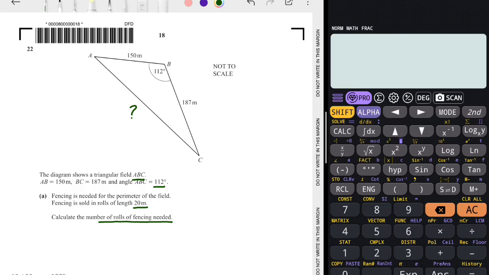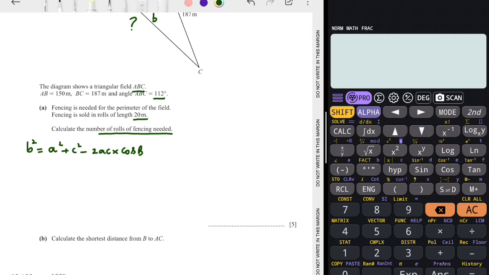So to find out AC we have to use the cosine law. So let us label it. So let us suppose this is B and the formula would be B square is equal to, this is C and this is A, A square plus C square minus 2AC multiplied by cos B. So let us substitute values.